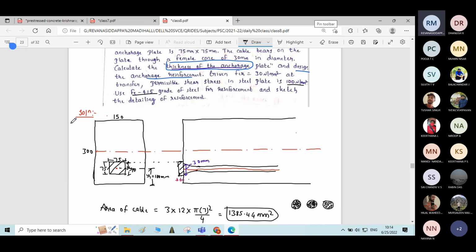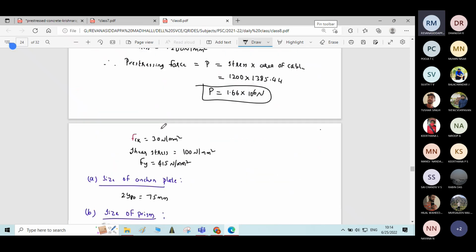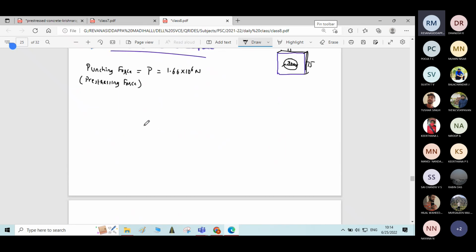How much is it given? 100 Newton per mm square. This is the maximum limiting shear stress in the plate.